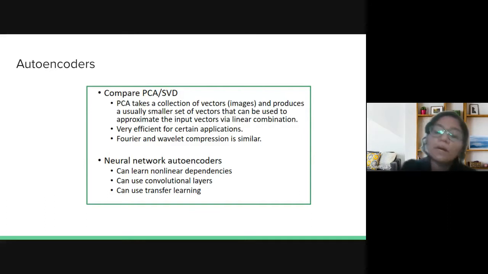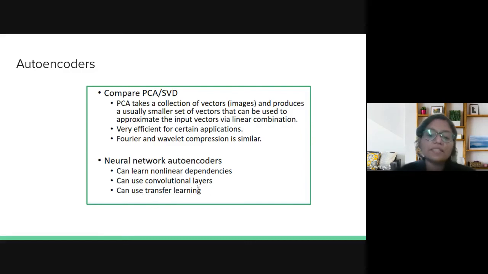The power of neural network autoencoders, on the other hand, is the removal of linearity, and that we have seen time and again, right from the first lecture on neural networks, how the activation function brings in nonlinearity. And we can use convolutional layers, we can bring about transfer learning.